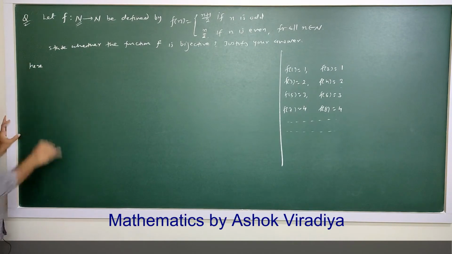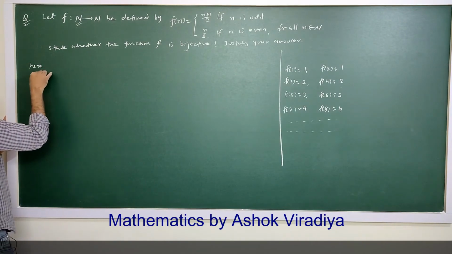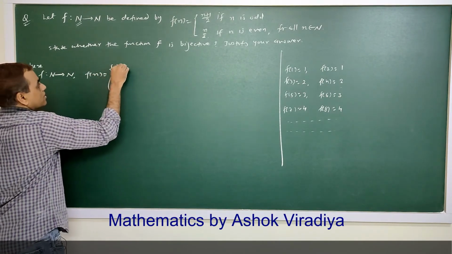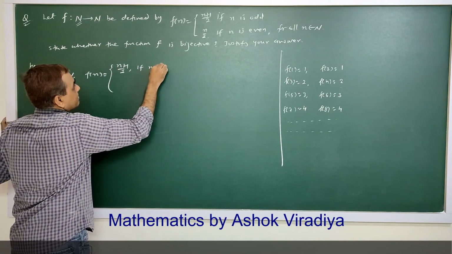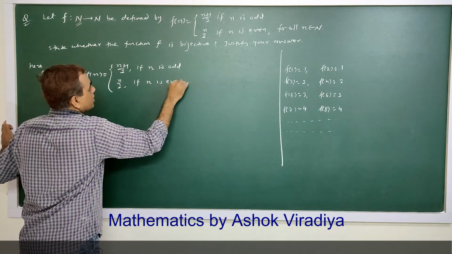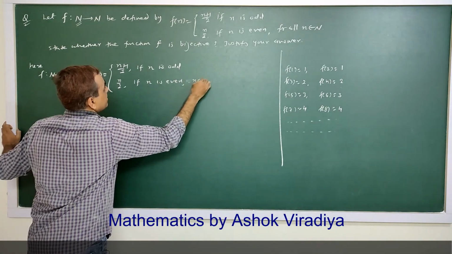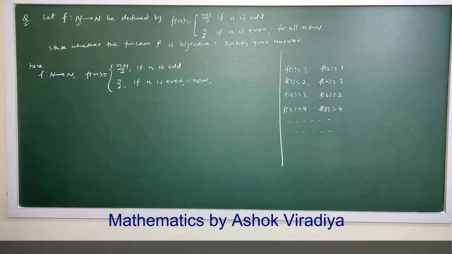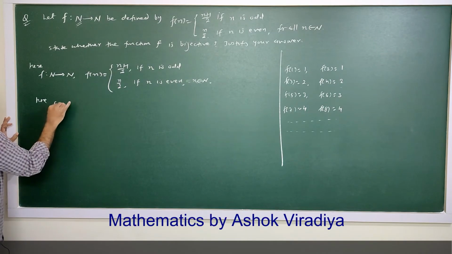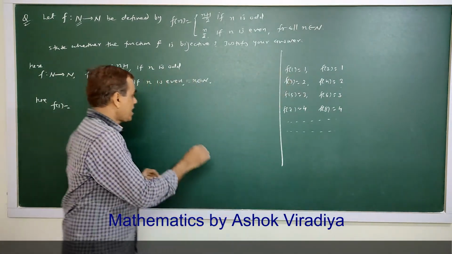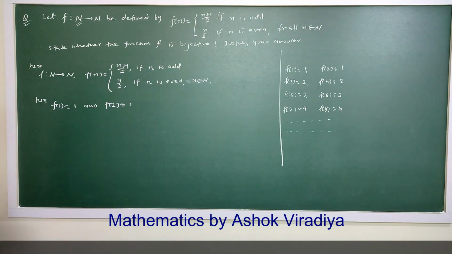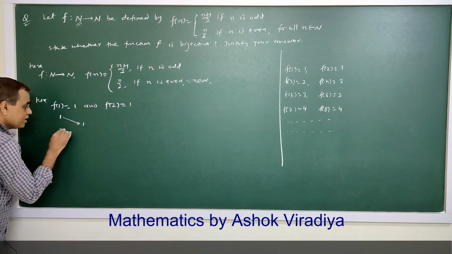The function is from N to N, f(n) = (n+1)/2 if n is odd, and n/2 if n is even, n belonging to N. Now f(1) is 1 and f(2) is also 1.